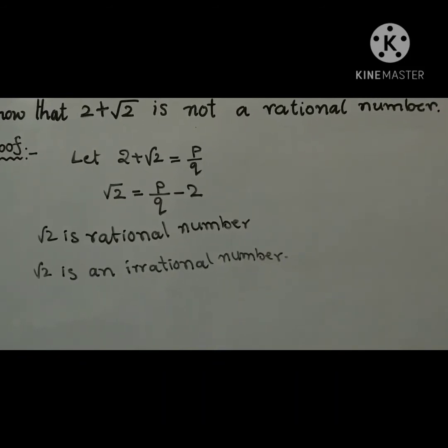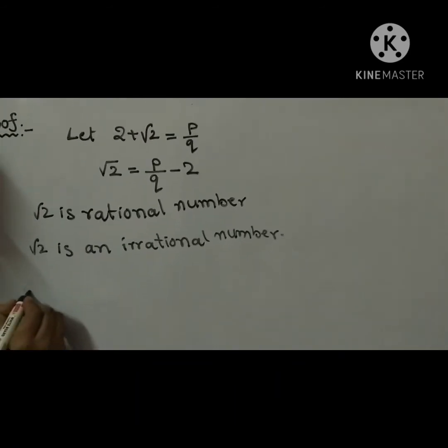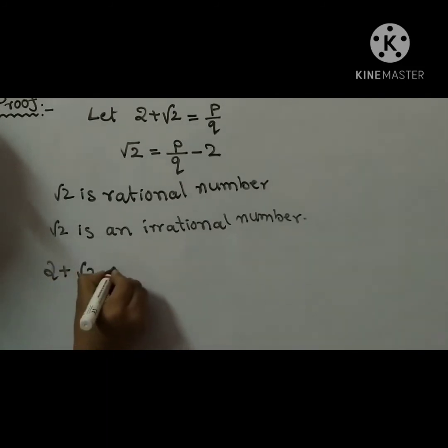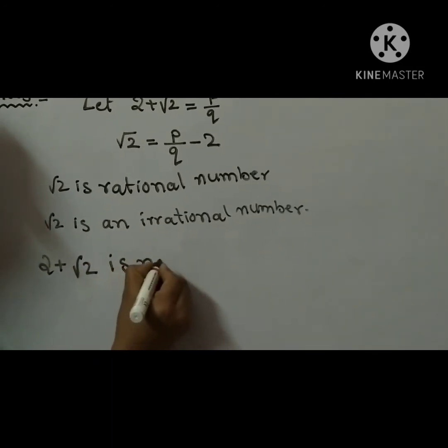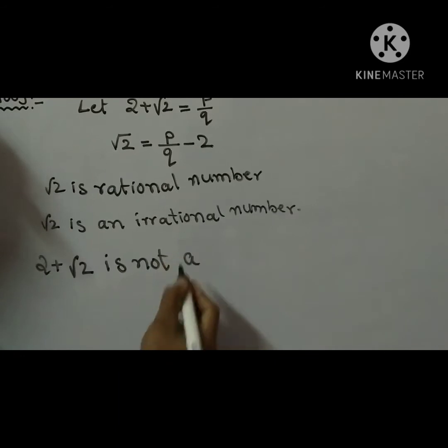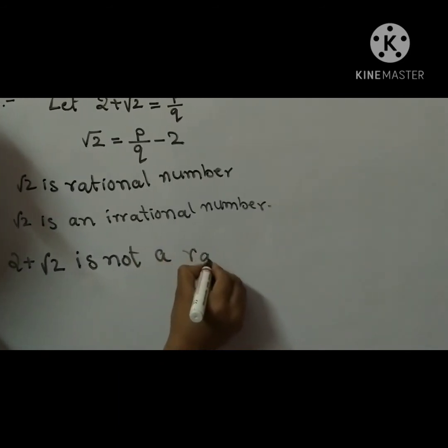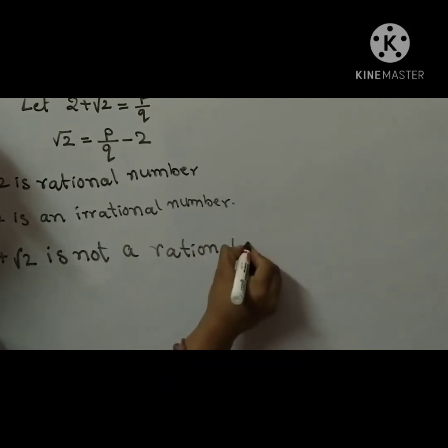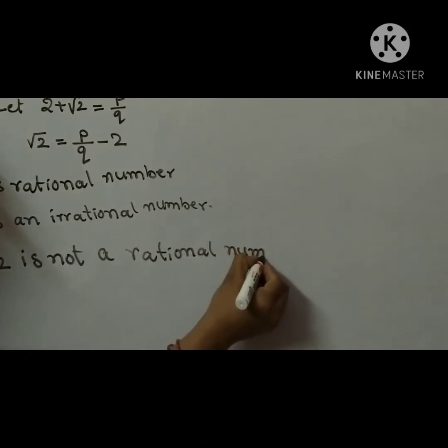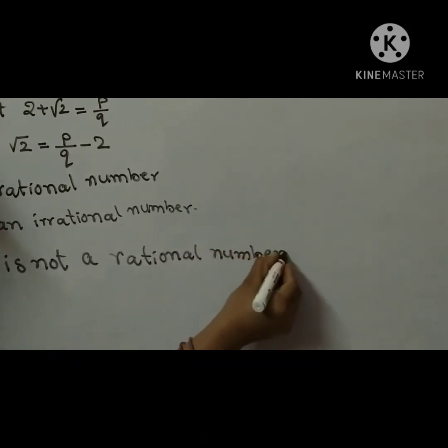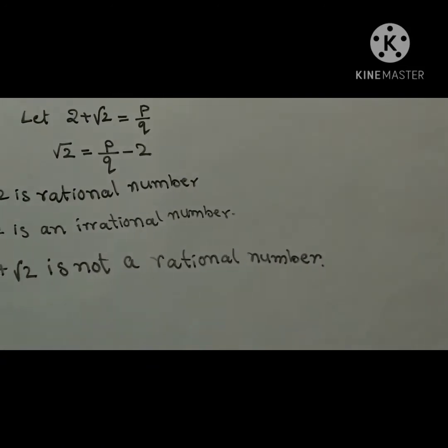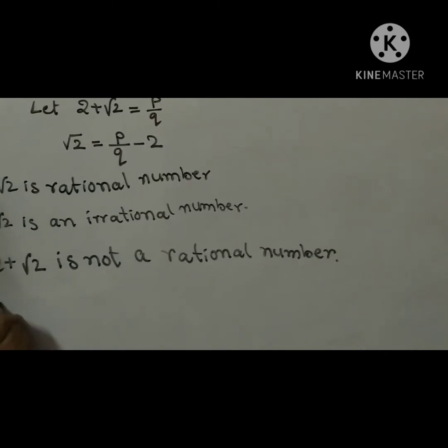So hence our assumption is wrong. So here 2 plus root 2 is not a rational number.